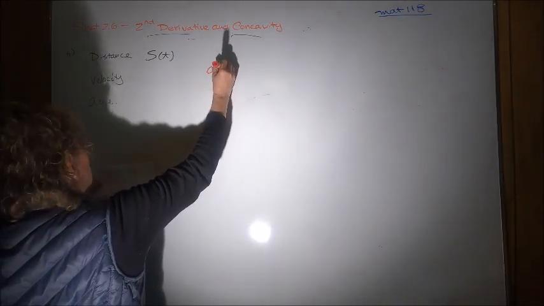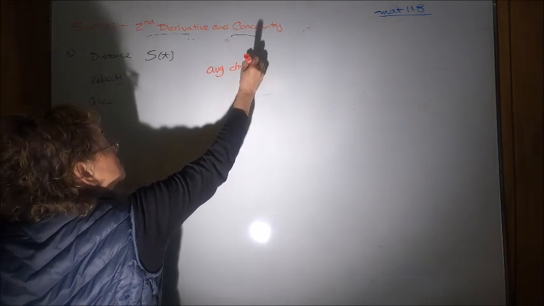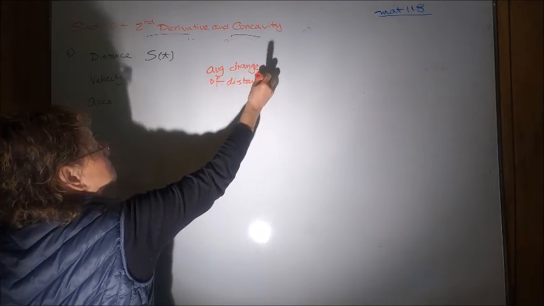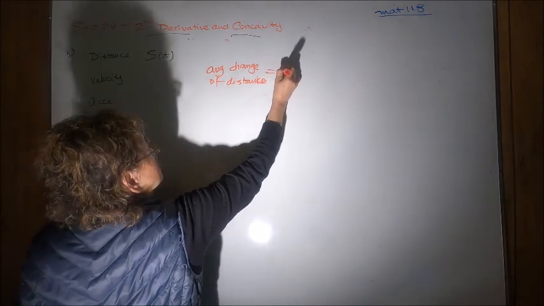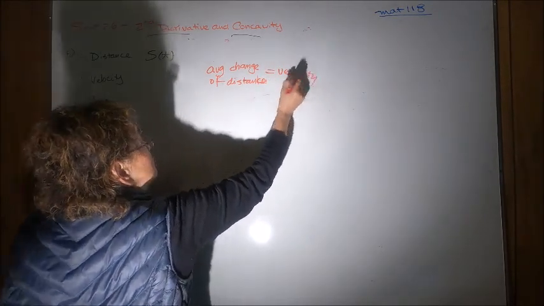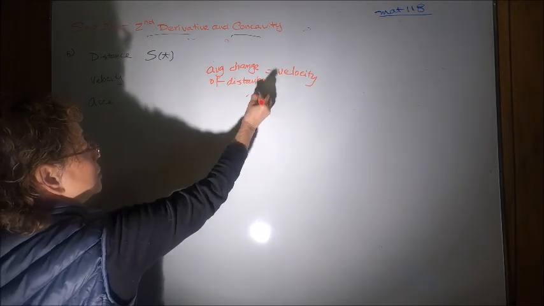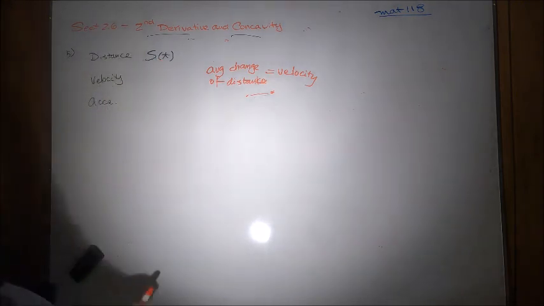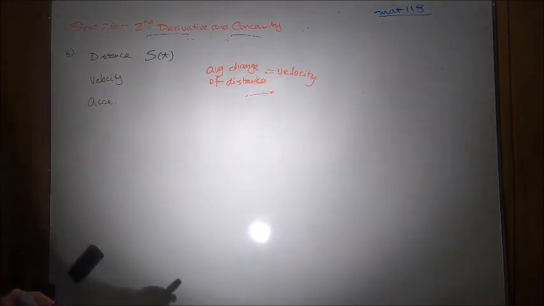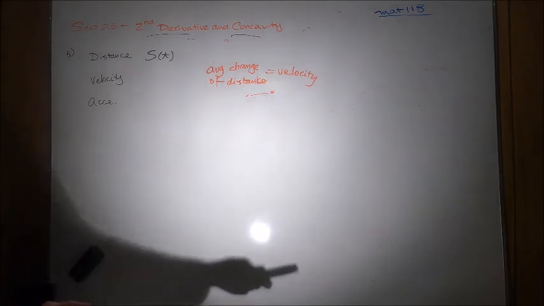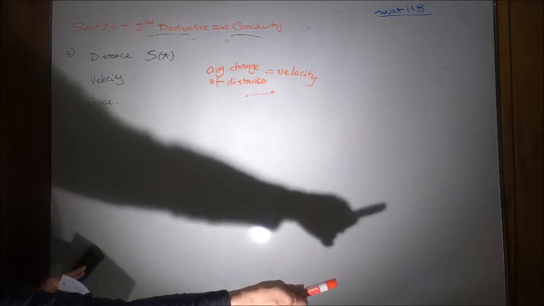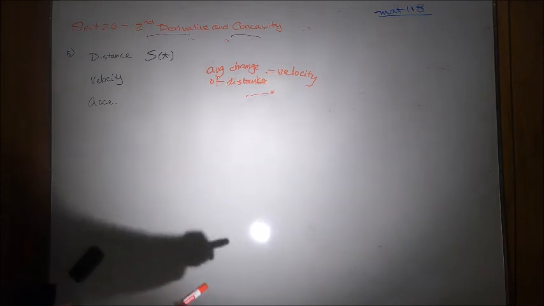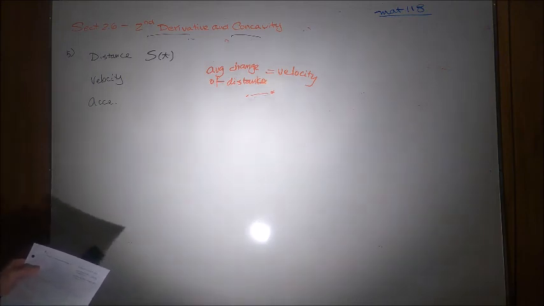An average change of distance is what? Your velocity, right? From point A to point B, how far it is, then you divide it by the time, then that will be the speed, miles per hour, right? How many miles you go and how long it takes you. If you average out, then that will be your speed, right?